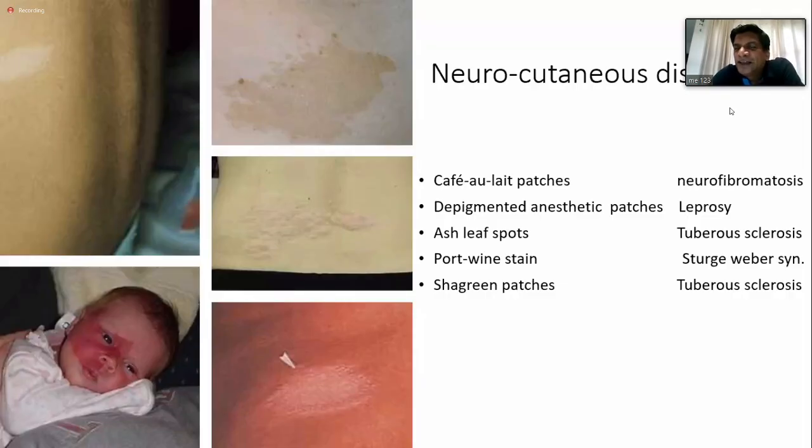There are some conditions in the skin which indicate an underlying brain problem. Am I going too fast?